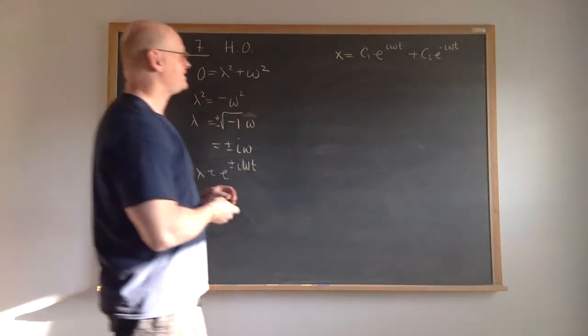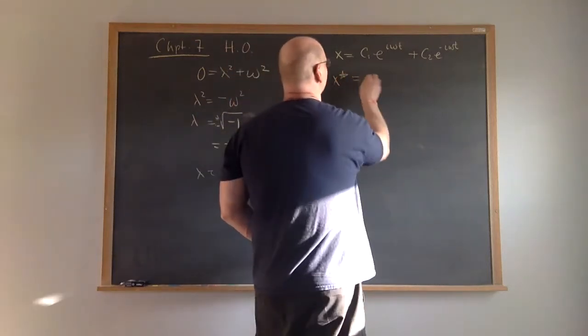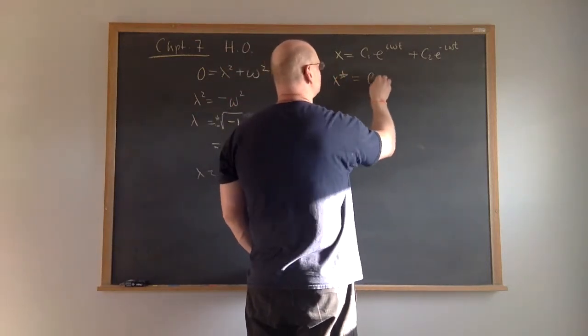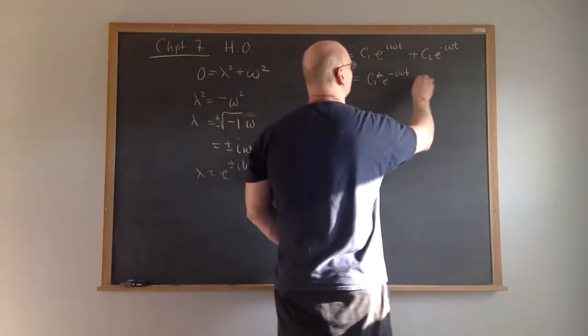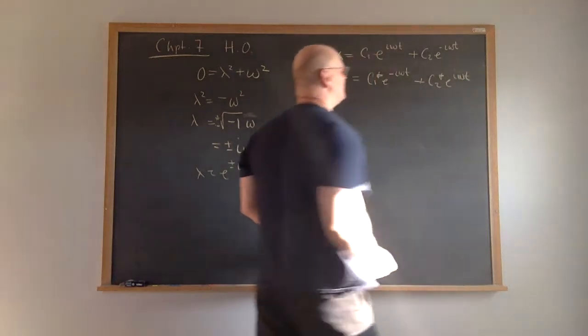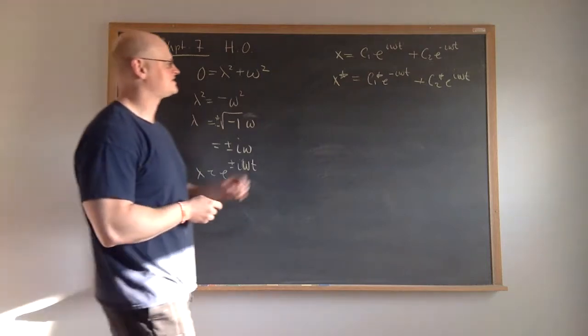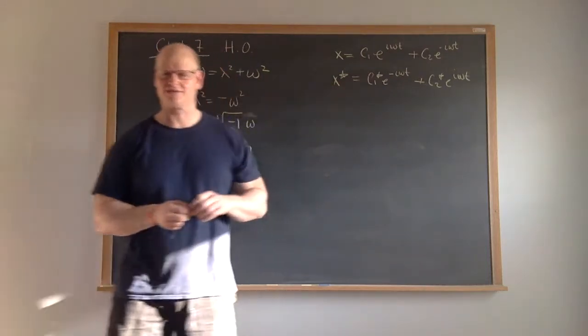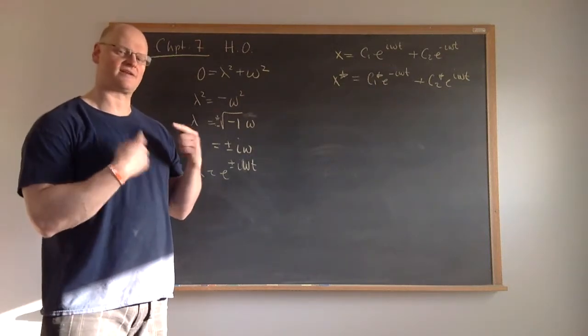Now, if I take the complex conjugate of this, x star, that's going to be equal to c1 star e to the minus i omega t plus c2 star e to the i omega t. So, for those of you who haven't seen complex variables before, star is what we call the complex conjugate. What that means is that anything with an imaginary part gets a negative sign when you take its complex conjugate.